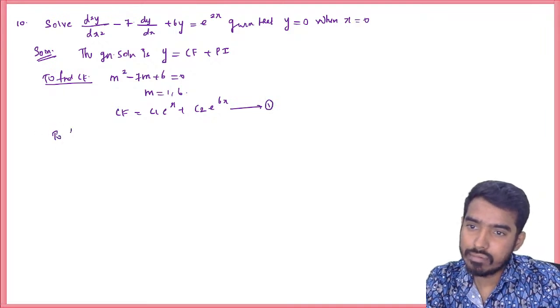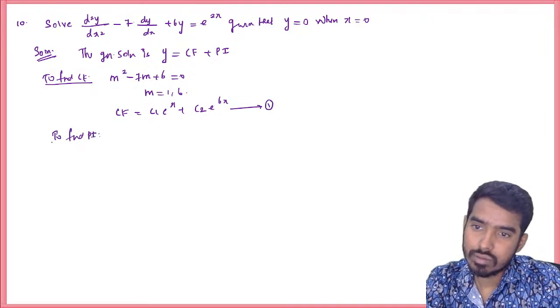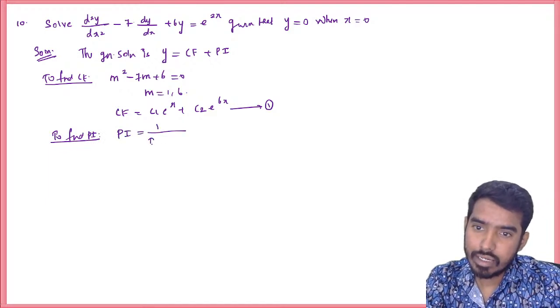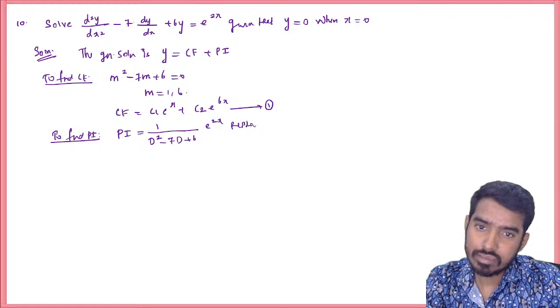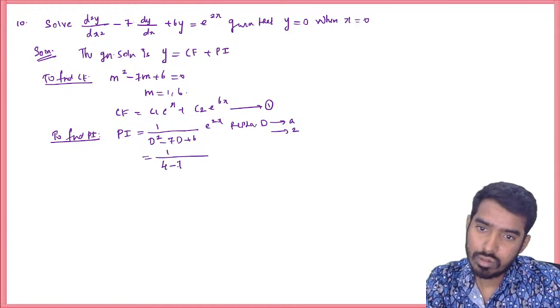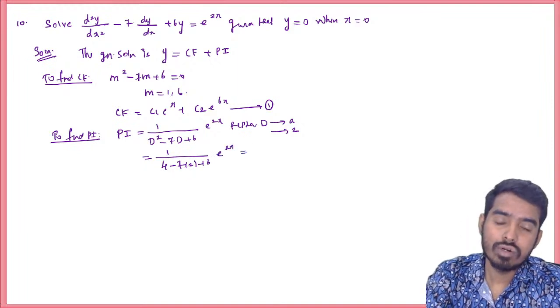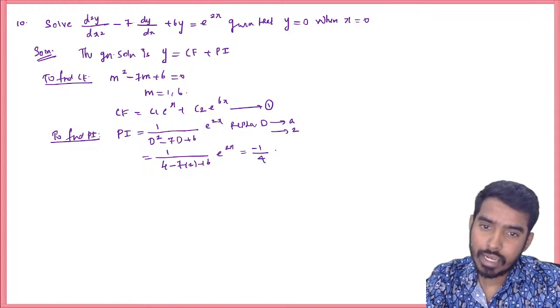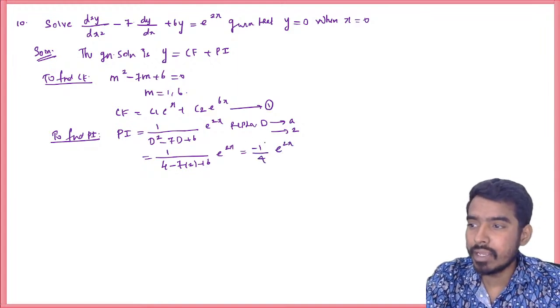Now to find PI, PI is 1 divided by d square minus 7d plus 6, e power 2x. Now replace d with a, which is 2 here. 1 divided by 2 square is 4, minus 7 into 2, plus 6, e power 2x. So 4 minus 14 is minus 10, minus 10 plus 6 is minus 4.